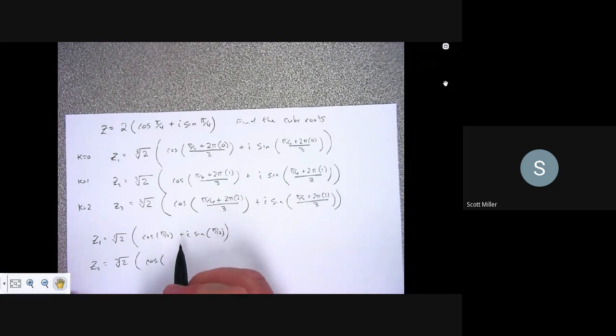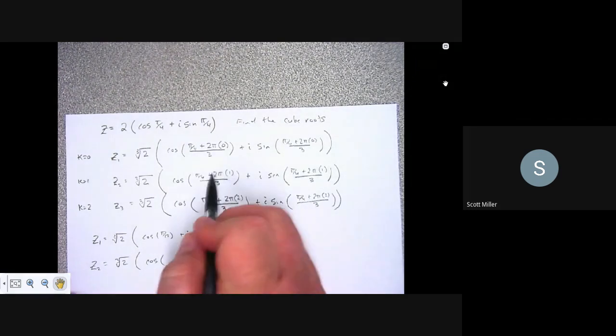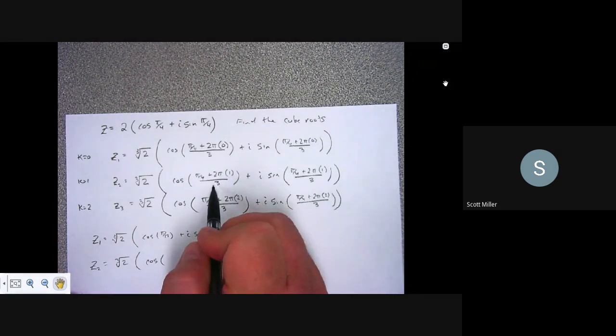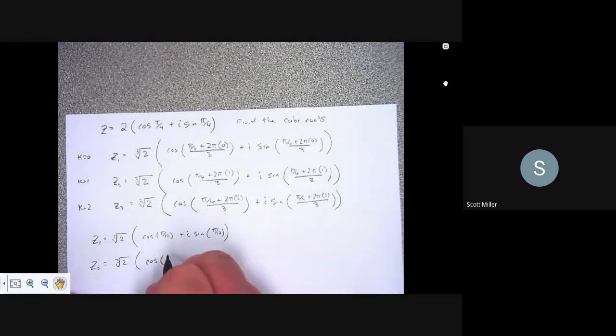Okay, so you work that out, and you'll figure out that this angle is going to be pi over 4 plus 2 pi, and then you take that and divide it by 3. And what you end up with on this one is you're going to get 3 pi over 4. And then we do the last one, cleaning that one up. And if you work all this out in here, you're going to get 17 pi over 12.